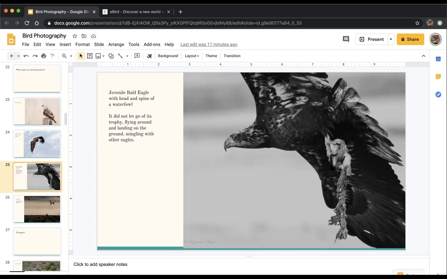It was interesting to see this juvenile carry it around like a trophy. It would not let go of it. There's nothing there for it to eat, but it was just carrying it around, saying, yeah, I've got this thing with me. It was quite an interesting sight to see.